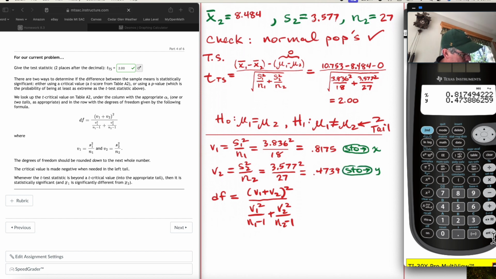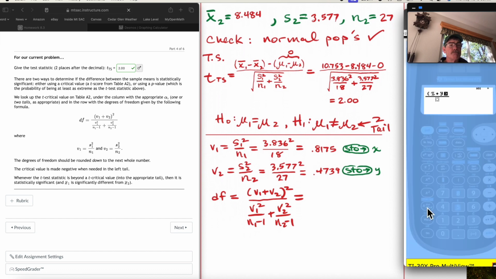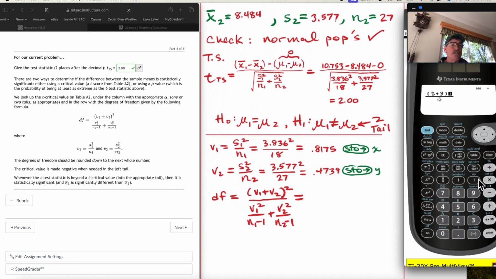Okay, so when I evaluate this formula, I'll clear to fraction, open parenthesis, and it's just X plus Y. Close parentheses, square, over, okay, first fraction, it's V1, which is X, squared over N1 minus 1.